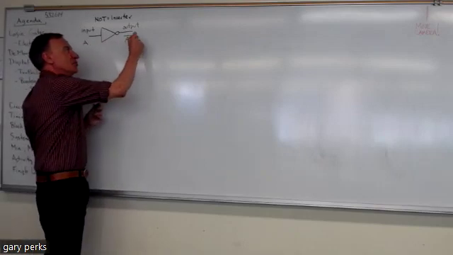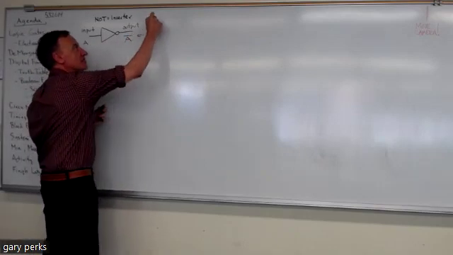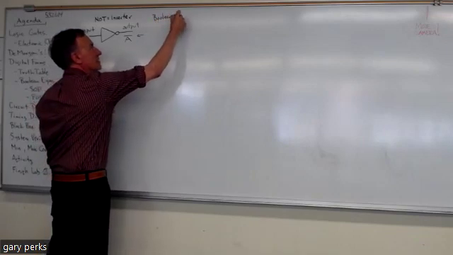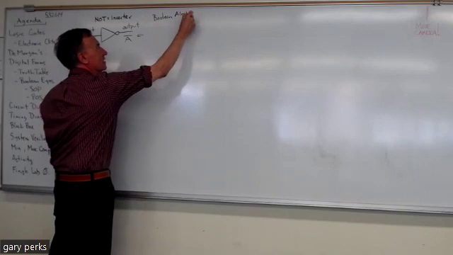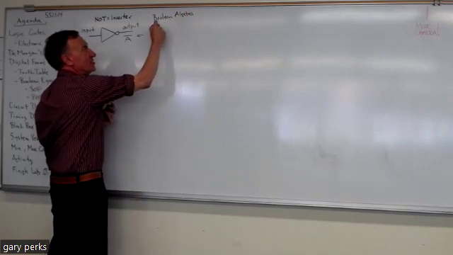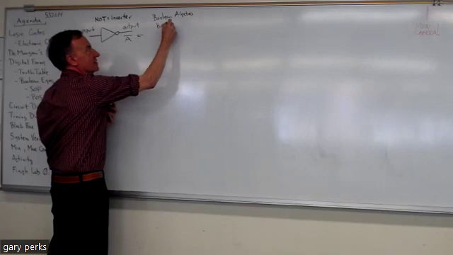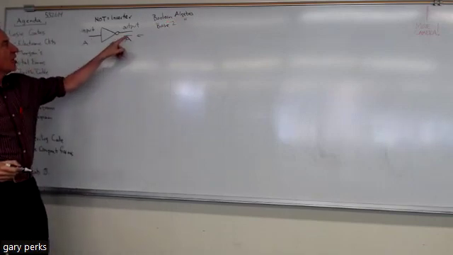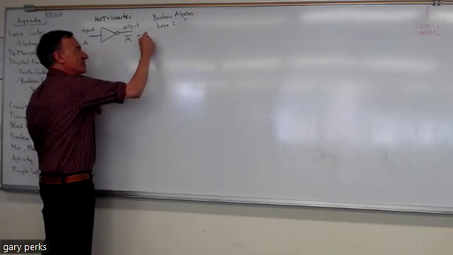That's because in Boolean algebra, and again, Boolean algebra just means base 2 algebra, the bar over a variable means opposite of.